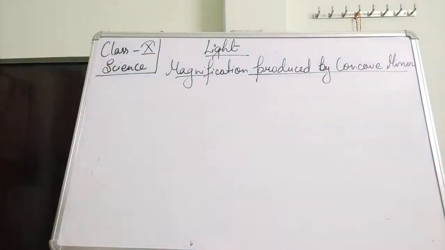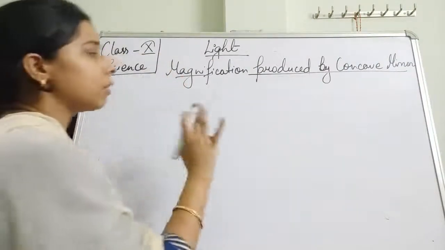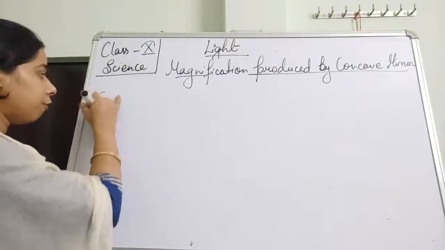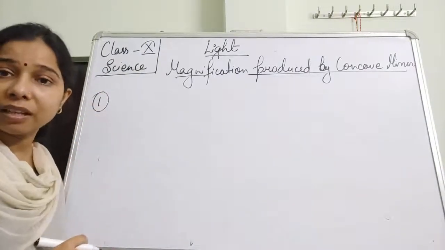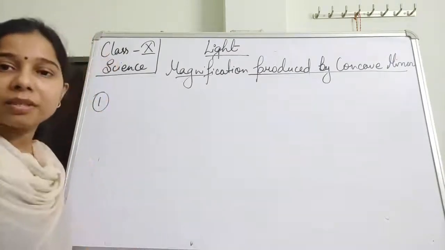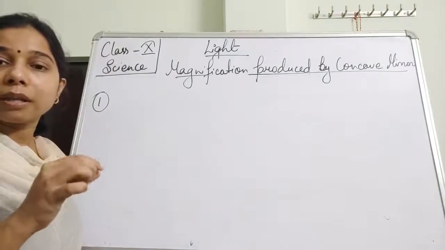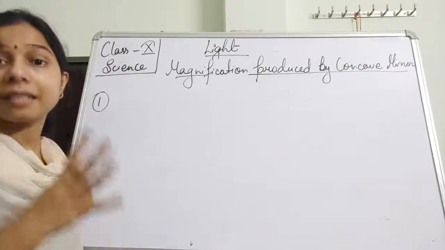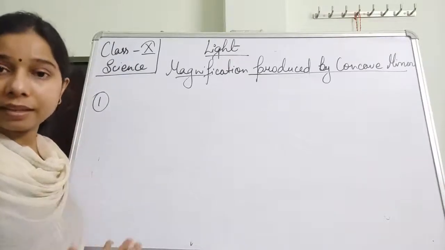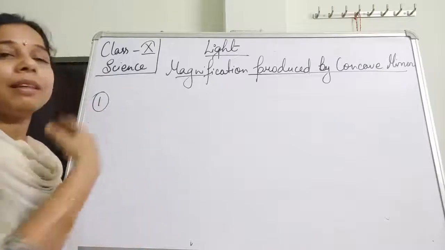To find the magnification, there are some formulas. This we call the linear magnification. When we talk about magnification, actually we are talking about the size. When we magnify anything, we are increasing the size. So here the magnification is to understand the size. And how can we find the size, students? With the help of the formula.